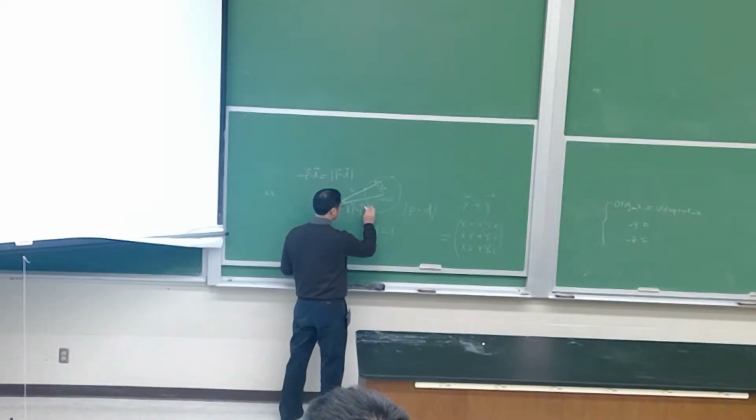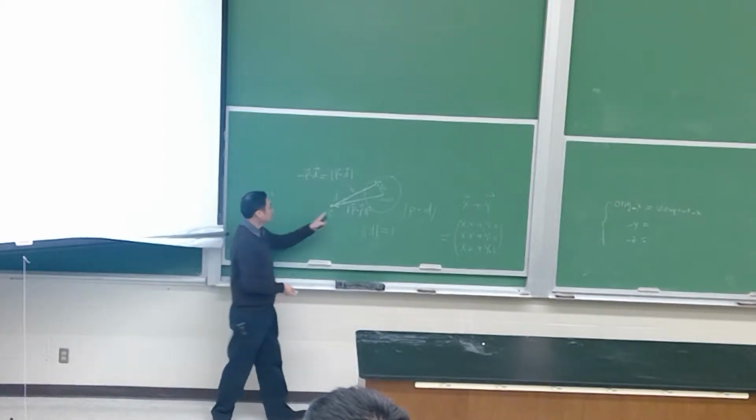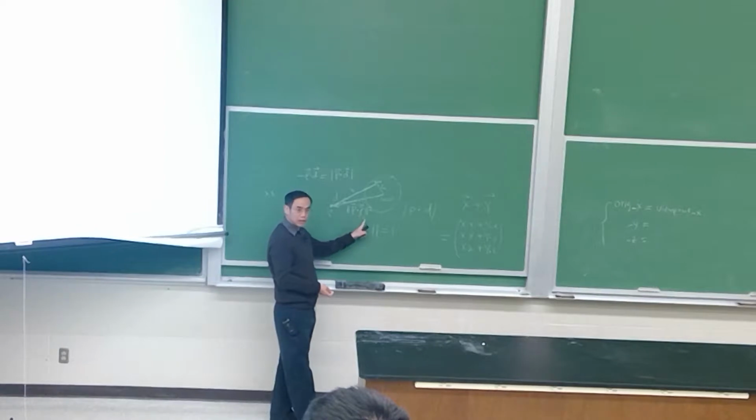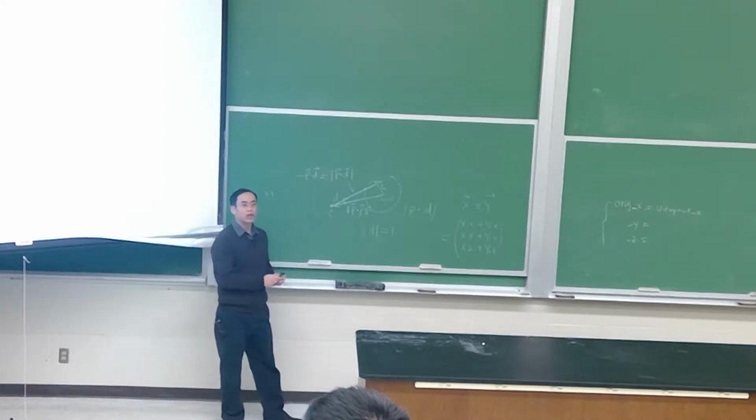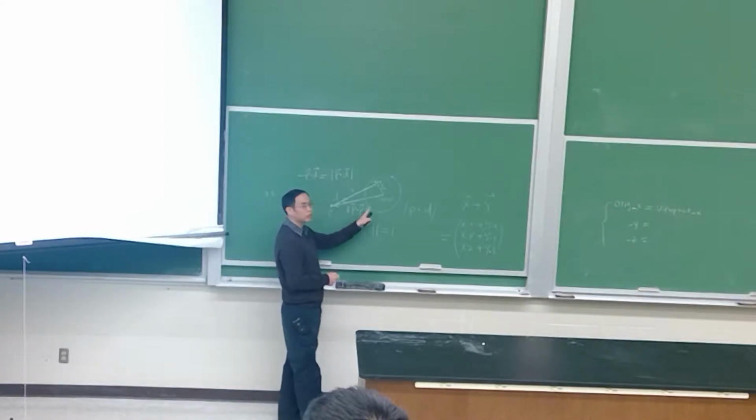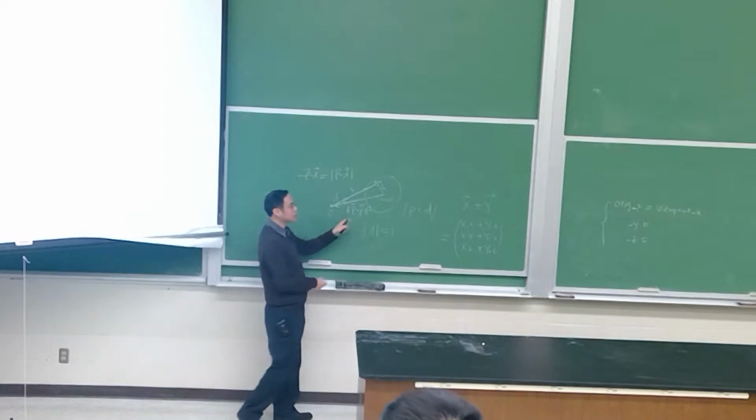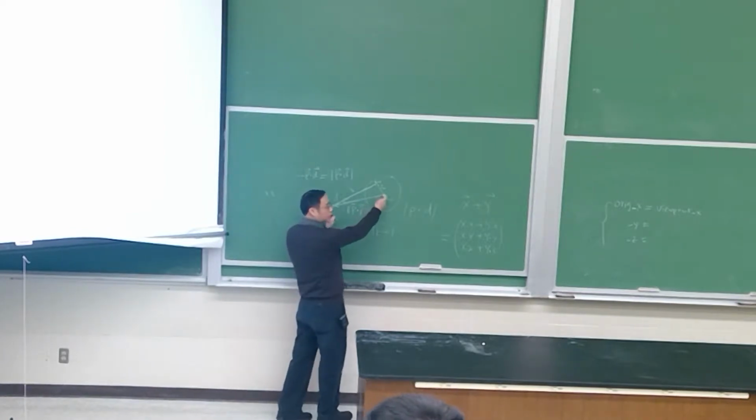I will take this as 1/2. So P dot P with itself will give you the square of the length of the segment. That's why we take the square root of P dot P itself. So this one is simply the length.